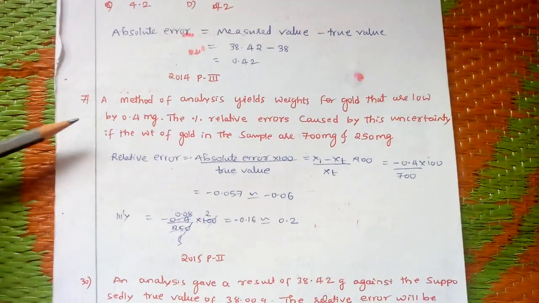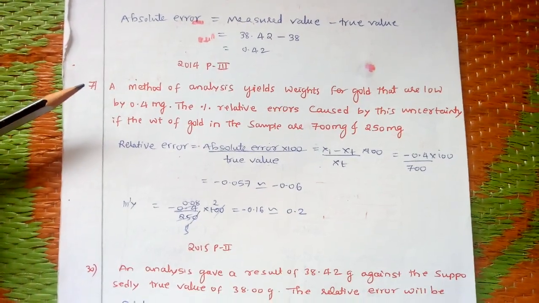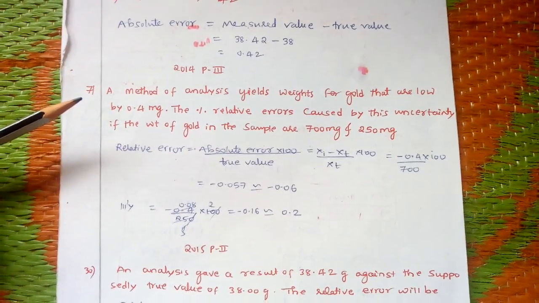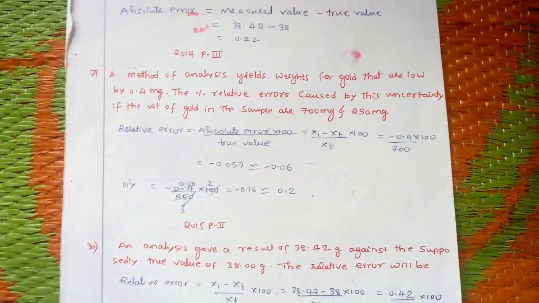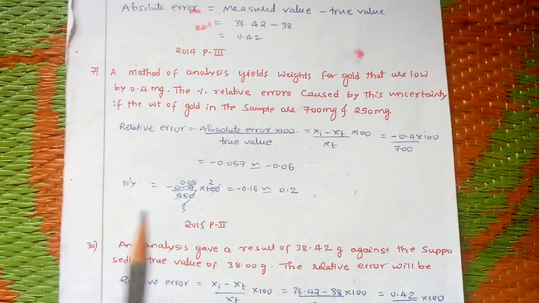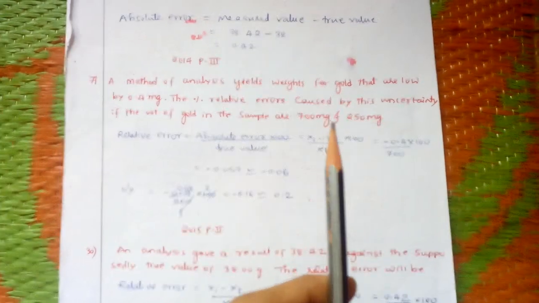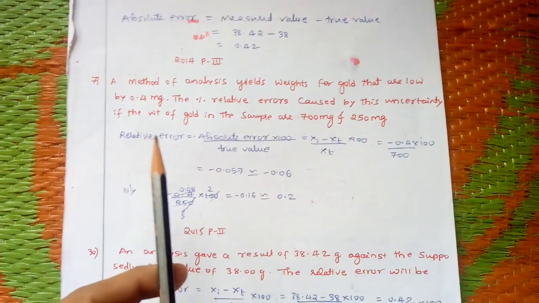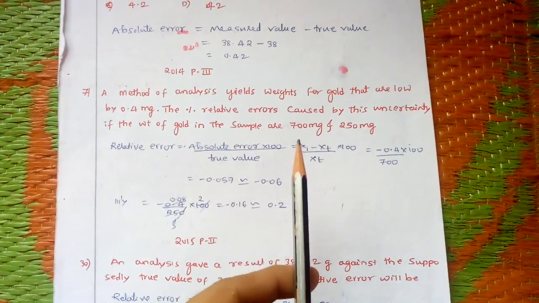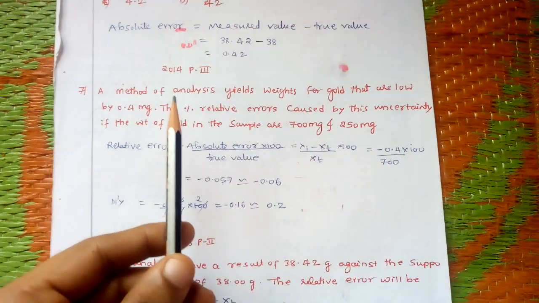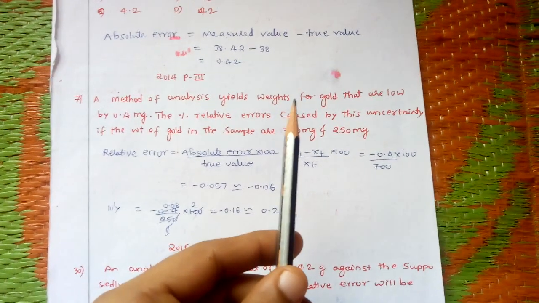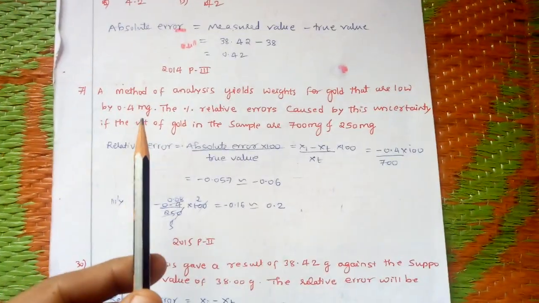Here in this question they asked: a method of analysis yields weights for gold that are low by 0.4 mg. What is the percentage of relative error caused by this uncertainty with the gold in the same sample of 700 mg to 250 mg? First, relative error means absolute error by true value into 100. Here I have taken negative 0.4 because they have given that the weights for gold are low by 0.4 mg.